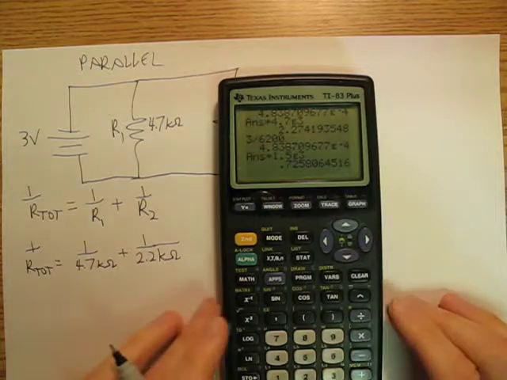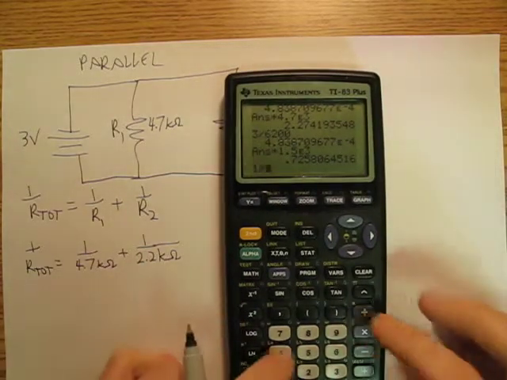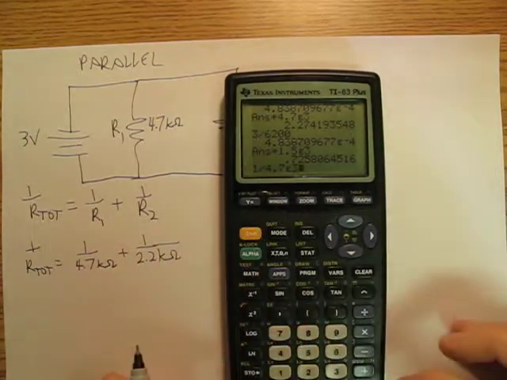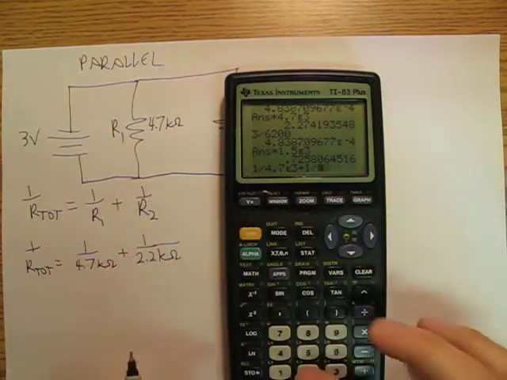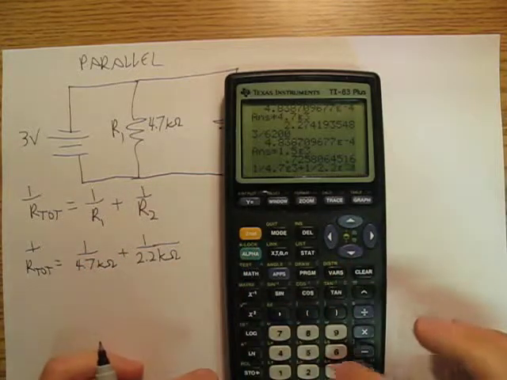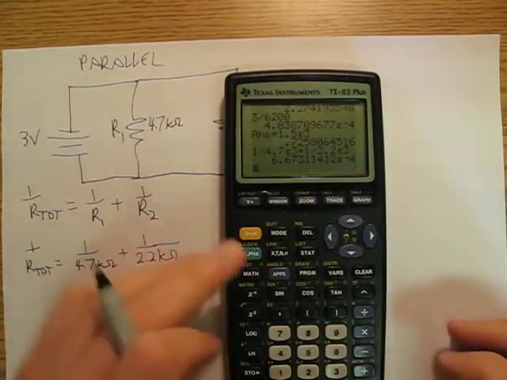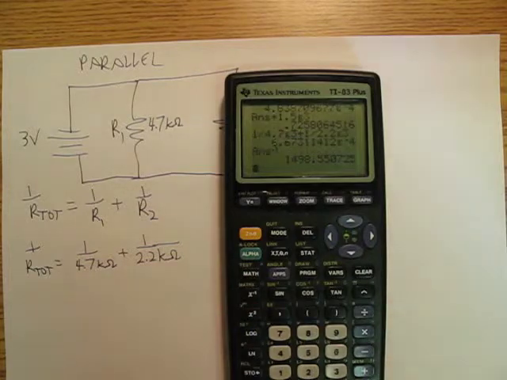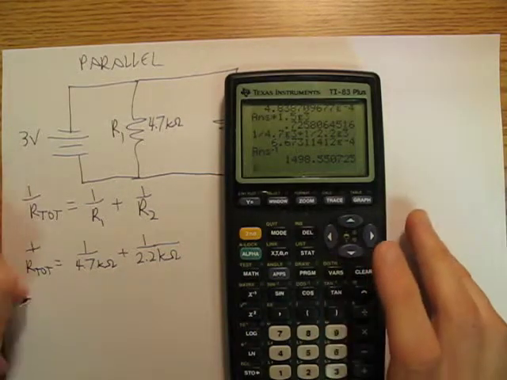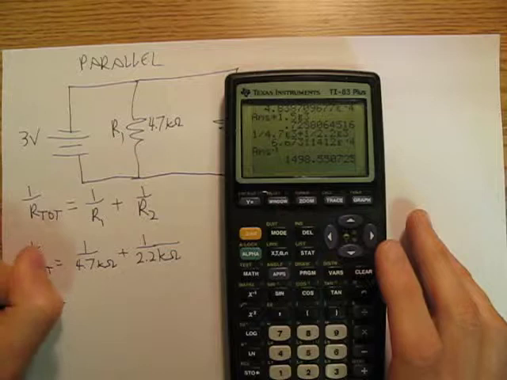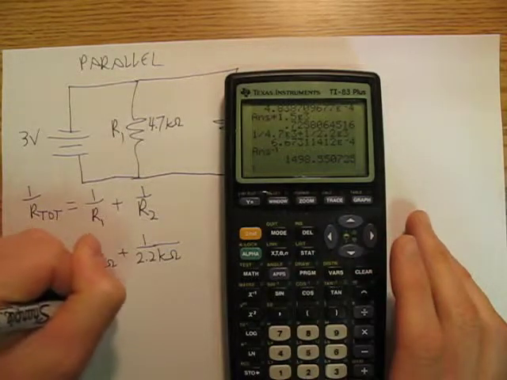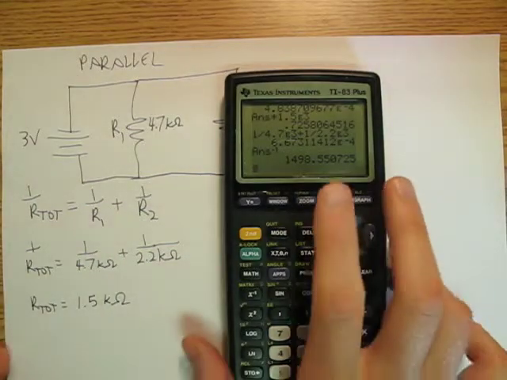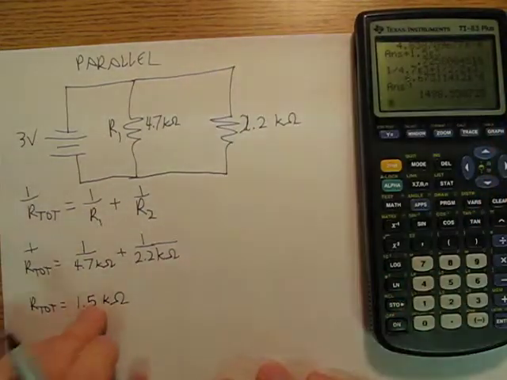And remember, that's a little bit of tricky calculation action. So 1 divided by 4.7 E3 plus 1 divided by 2.2 E3, and then I've got to flip that, so I got to take the inverse of that, and so I'm going to get that my R total is going to be 1.5 kilo ohms.